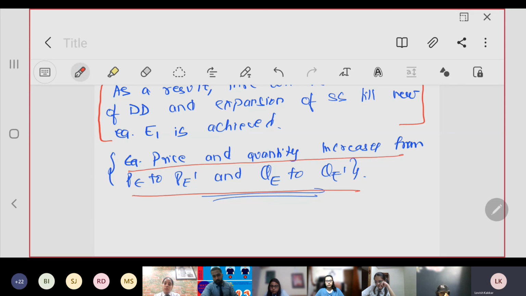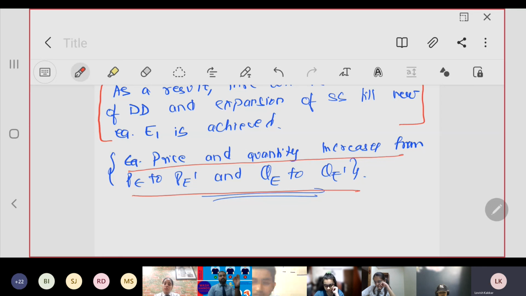Now, how and where will it come as a 2 marker? Usually, there is a 6 marker question which says, explain the effect on equilibrium price and quantity when there is a simultaneous increase in demand and supply. In that case, in a 6 marker, you will have to explain all the 3 cases because it has not specified whether the increase in demand is more than the increase in supply, or less than or equal to it.